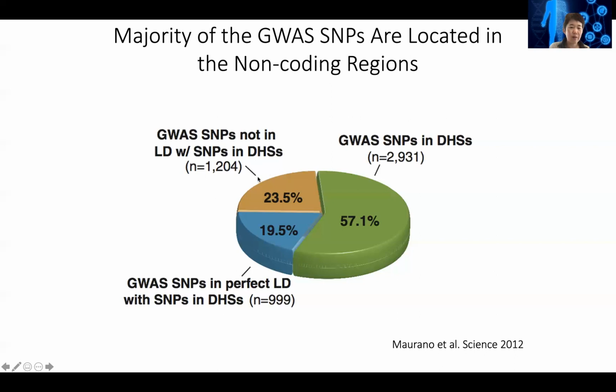And only a quarter of them are not in LD, which suggests that a lot of these SNPs associated with disease are related to a transcription factor that binds to a region which influences nearby gene expression. This nearby could mean 50 kb or 200 kb, quite a distal region that influences the expression of that nearby gene, which then has an effect on the phenotype.